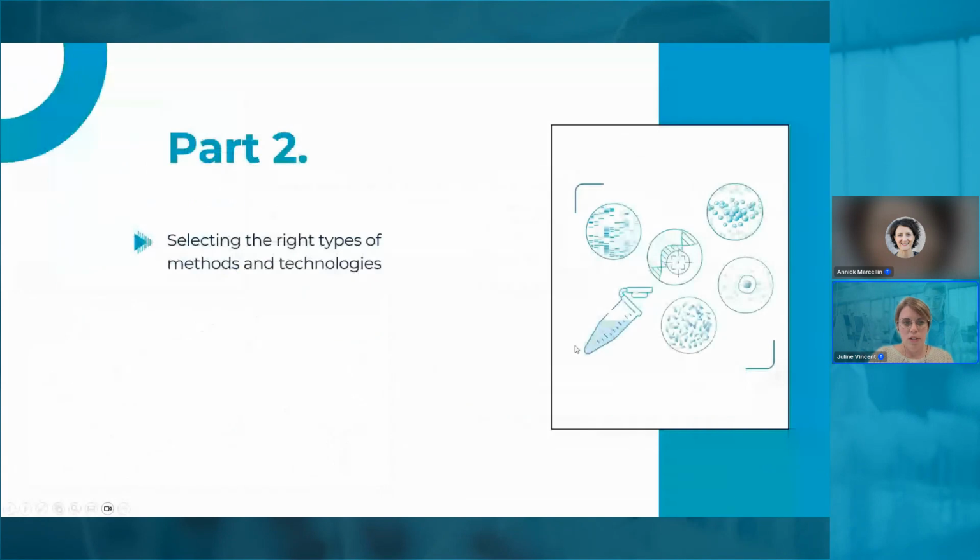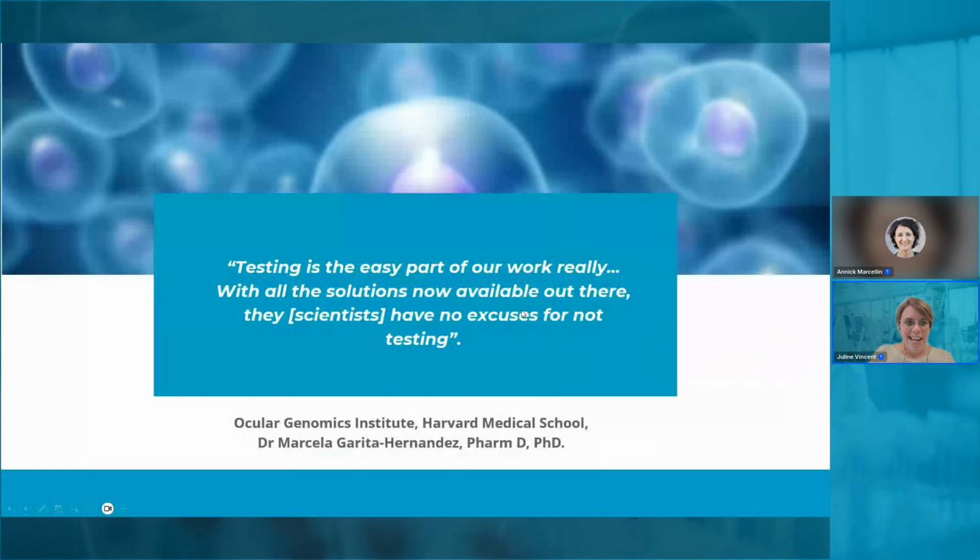So now that we have an overview of the main matters to pay attention to when working with hPSCs, let's see which kind of quality control tests are suitable for most laboratories to be cost-effective. Again, according to our client Marcella, testing is the easy part of our work really.